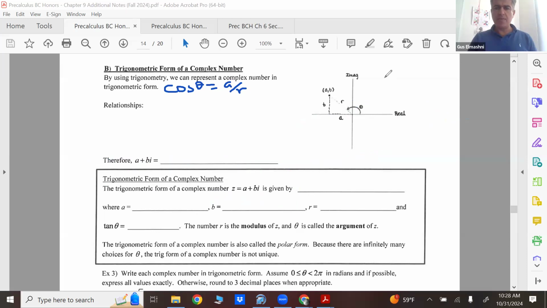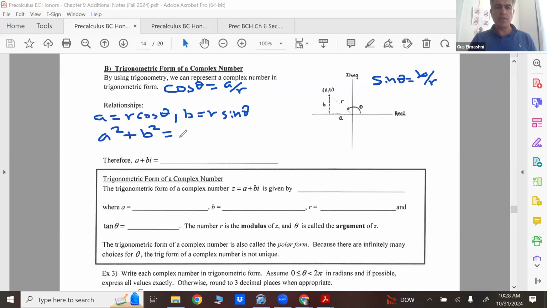And wouldn't sine theta equal b over r? We're just using r. Exactly. Let's say a is r cos theta, b is r sine theta. Well, doesn't a squared plus b squared equal r squared? Yeah. Okay.